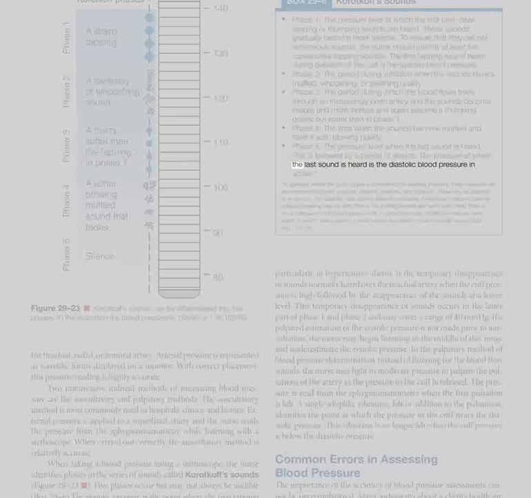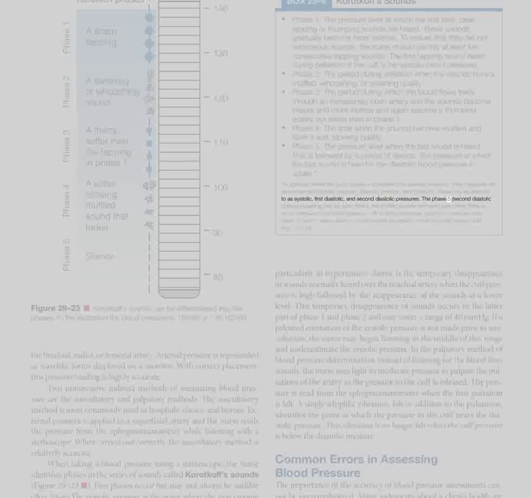The pressure at which the last sound is heard is the diastolic blood pressure in adults.* In agencies where the 4th phase is considered the diastolic pressure, 3 measures are recommended: systolic pressure, diastolic pressure, and phase 5. These may be referred to as systolic, first diastolic, and second diastolic pressures.